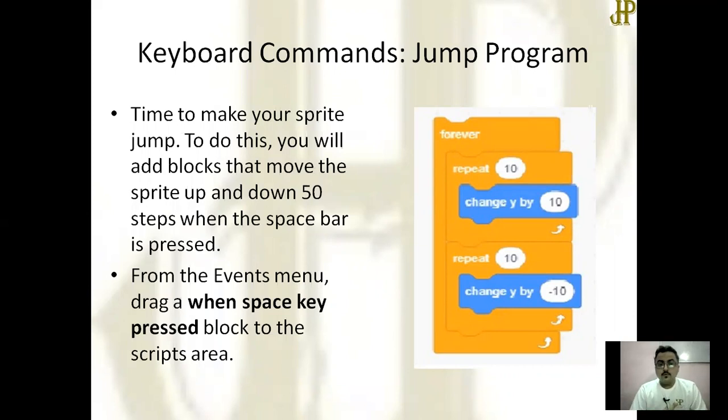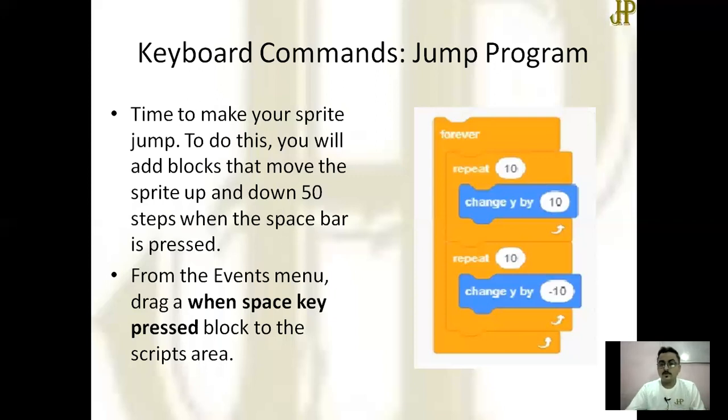To do this, you will add blocks that move the sprite up and down, whenever the space bar is pressed. I have taken a keyboard command that is space bar, but based on your requirement you can choose anything, mouse pointer or anything. From the event menu, drag a when space key pressed block to the script area.